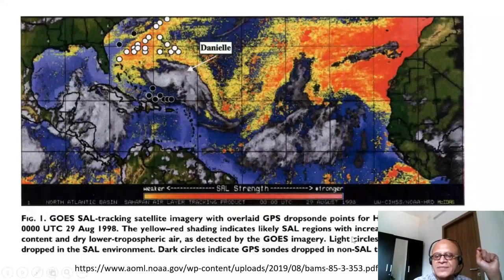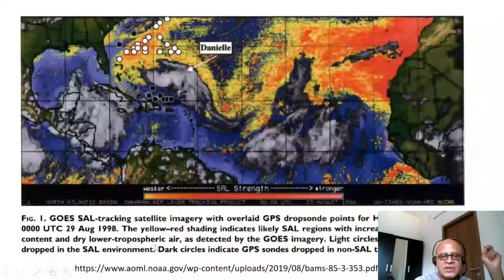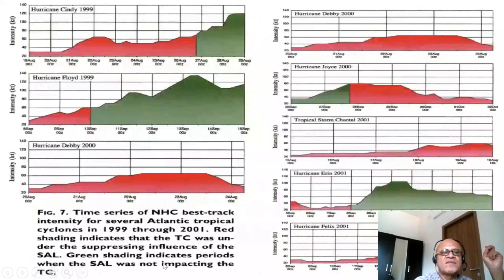The light circles indicate GPS dropsondes dropped in the SAL environment. Dark circles indicate dropsondes dropped in a non-SAL tropical environment. So this is outside the SAL and these are within the SAL. This paper from AOML also provides some examples of time series of the track and intensity for several Atlantic tropical cyclones during 1999 through 2001.